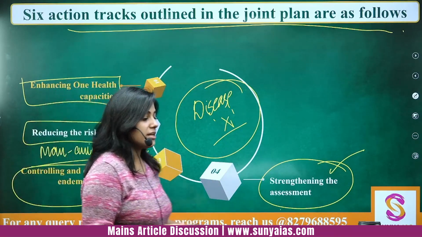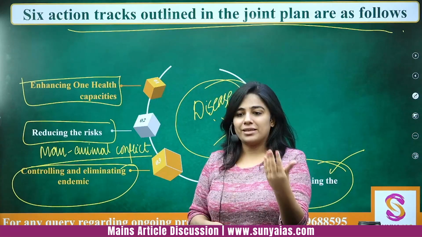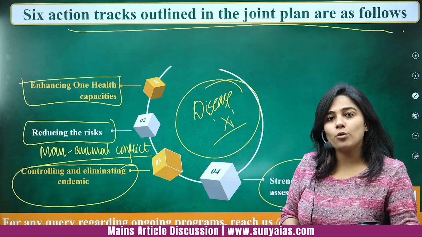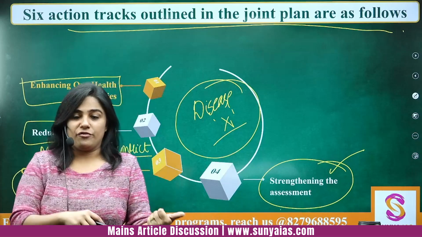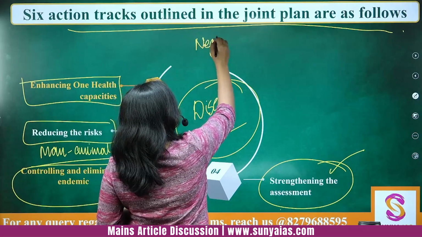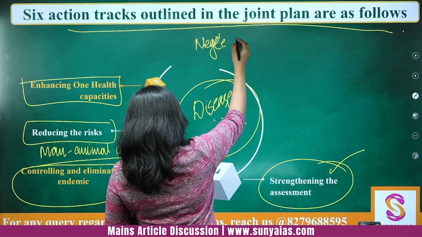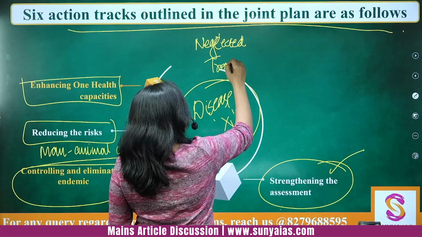Now most of us are immune to SARS-CoV, but there will be newer viruses. As we cut down more and more forests, there will be newer viruses that arrive. There will be more neglected tropical diseases. You can write down this particular term, neglected tropical diseases.